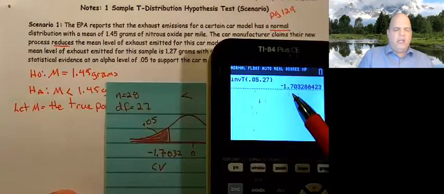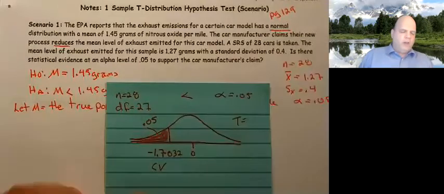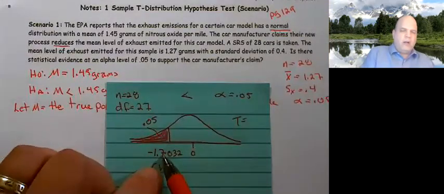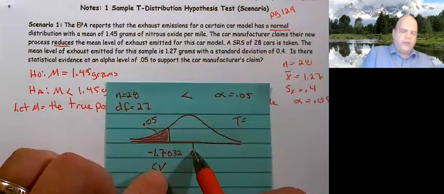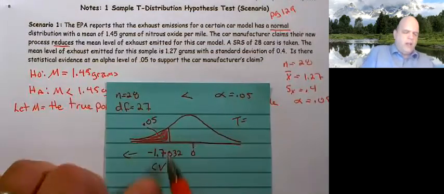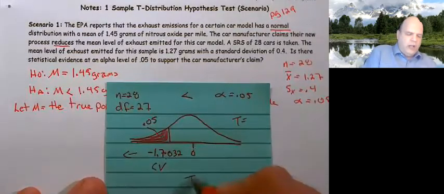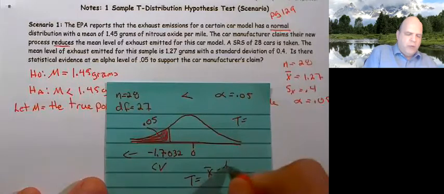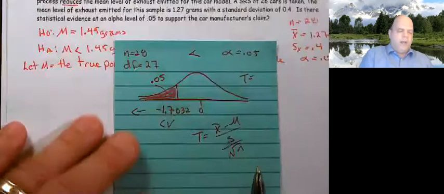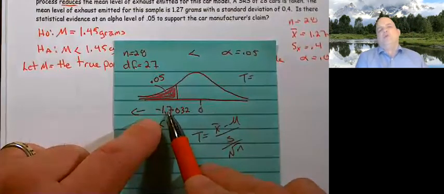That gives me a critical value of negative 1.703. What that tells me is, because all t statistics are centered around 0, if I get a test statistic after I use t equals x bar minus mu, over s divided by the square root of n, and I get a t value less than negative 1.703, I'd be rejecting.